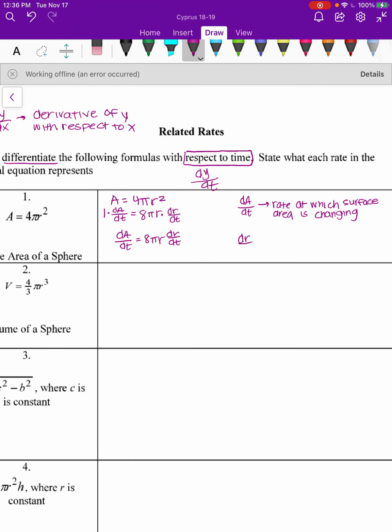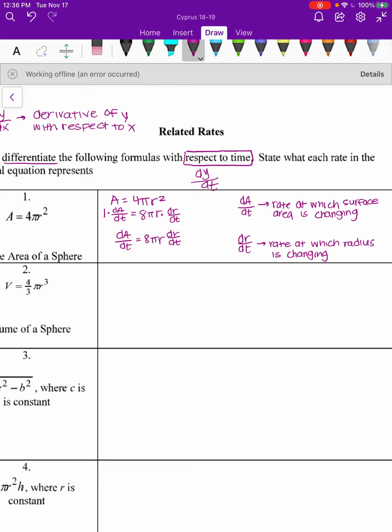So it's the rate at which that number is changing. dr dt is the rate at which the radius is changing, because in our original function, r represented the radius of that sphere.